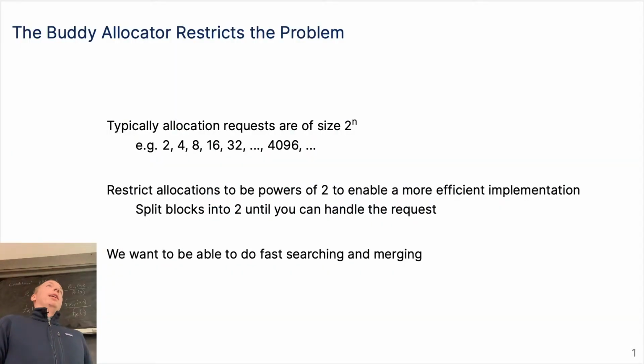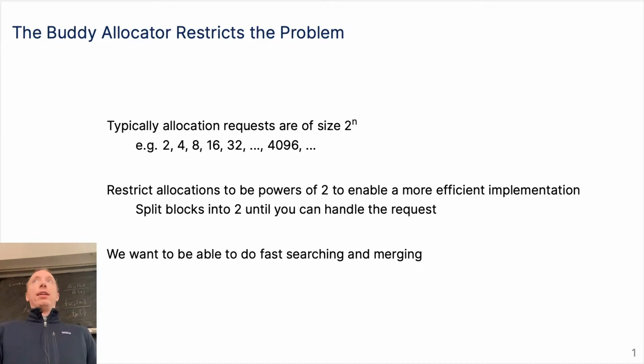So in the kernel, and this applies to user programs as well if you want, they do something called a buddy allocator, which is kind of a nice name, and it lends itself to how this algorithm works. So it restricts the problem, so it doesn't take general allocations of any size.